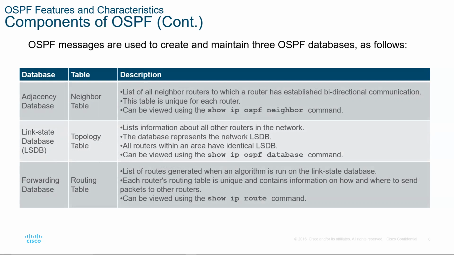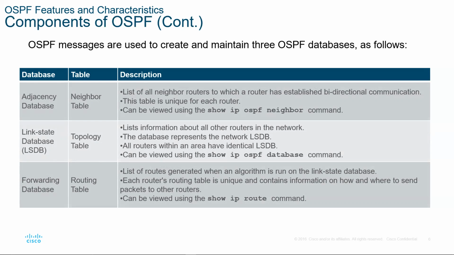The next one is the link state database or topology table, and this database represents all the known networks within the topology.